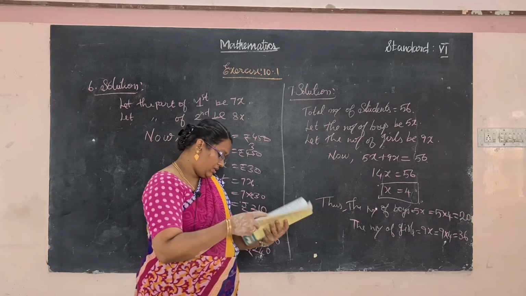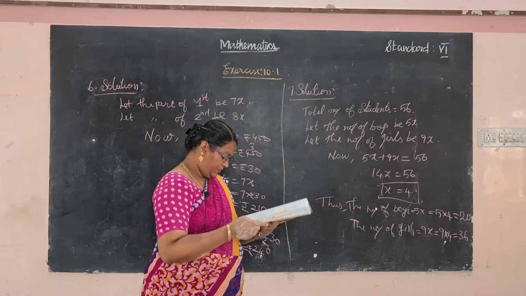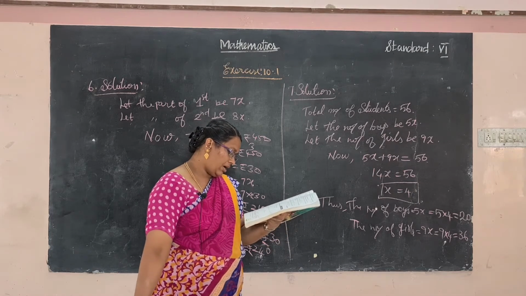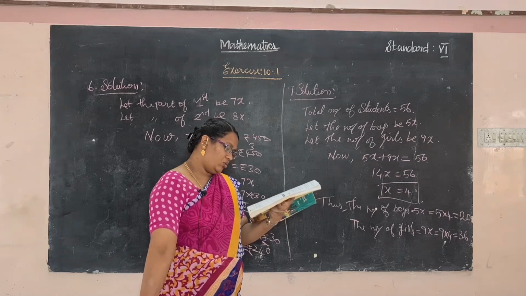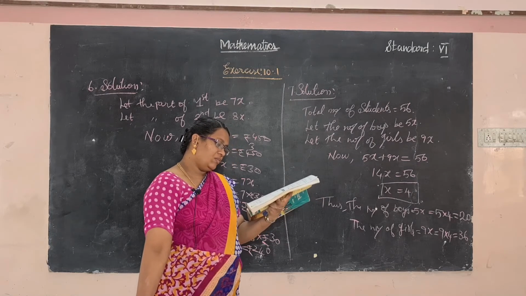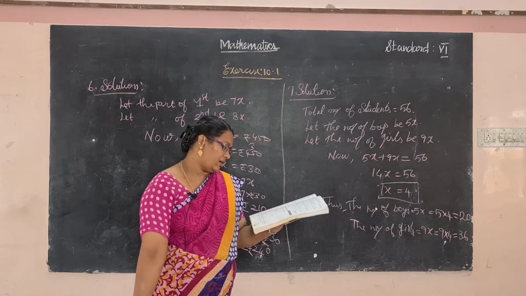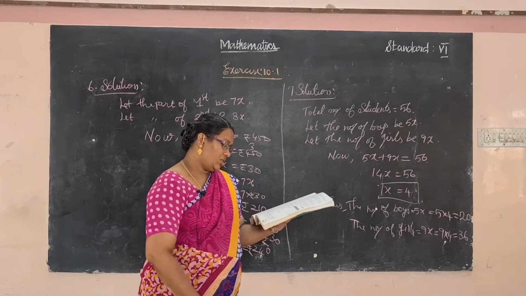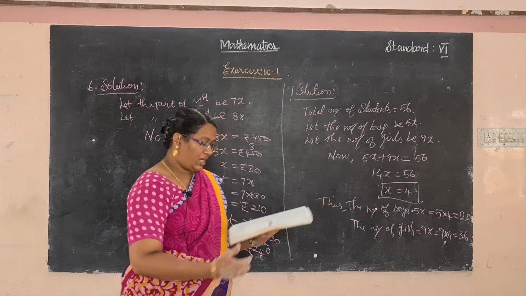Okay, right. And next one, the eighth one: the angles of a triangle are in the ratio 2:3:4. Find the measure of each angle of the triangle.